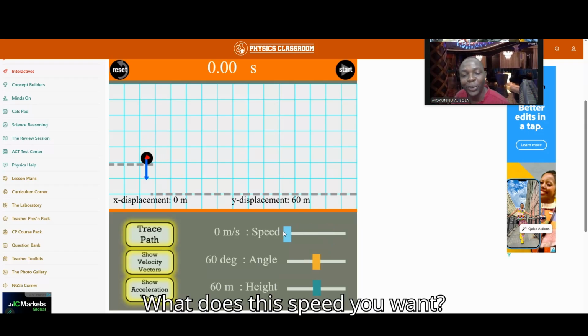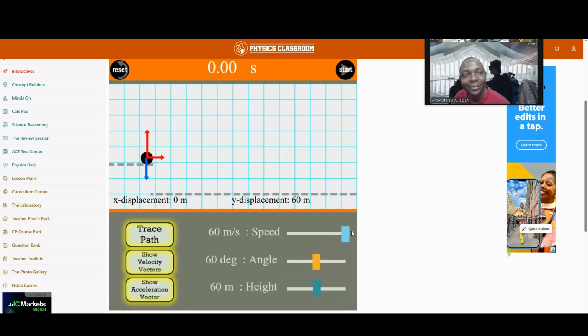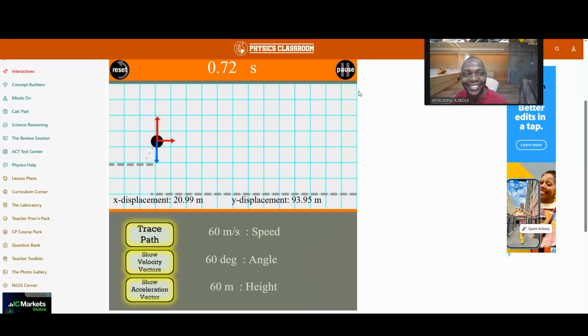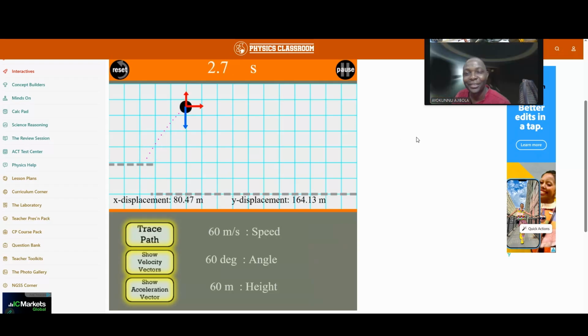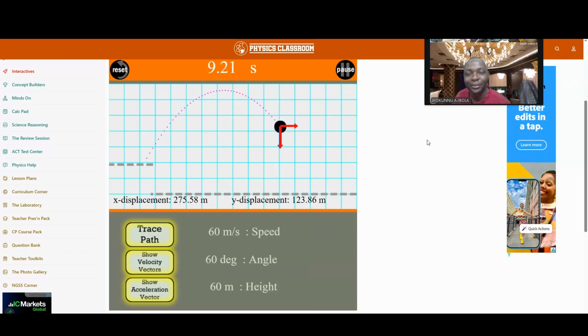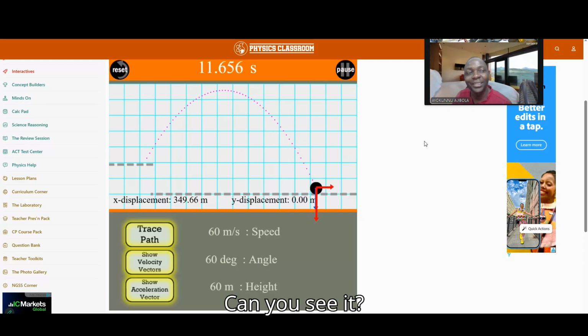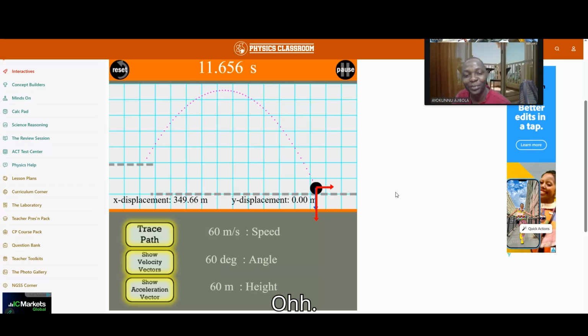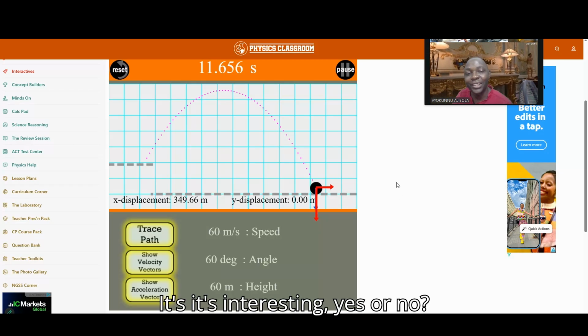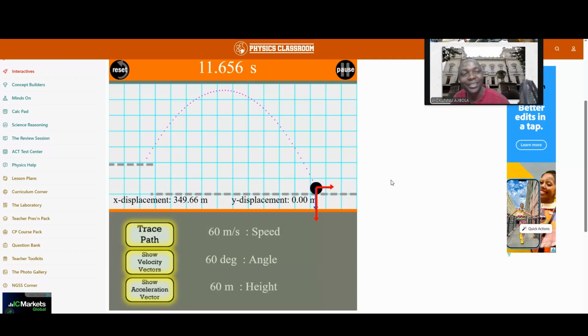What is the speed you want? 60. Can you see it? It's interesting, yes or no?